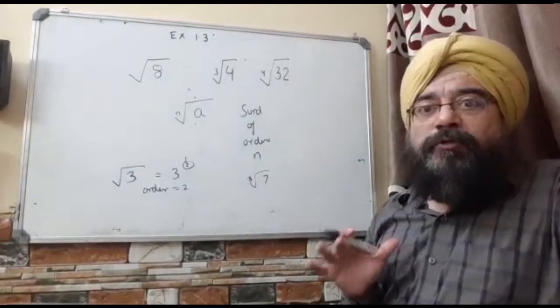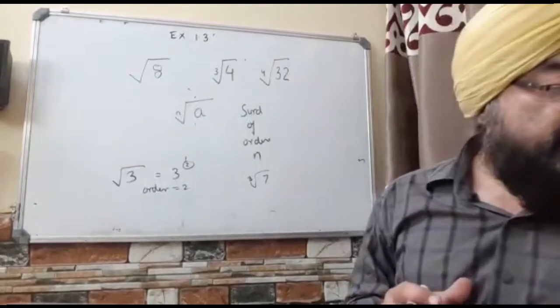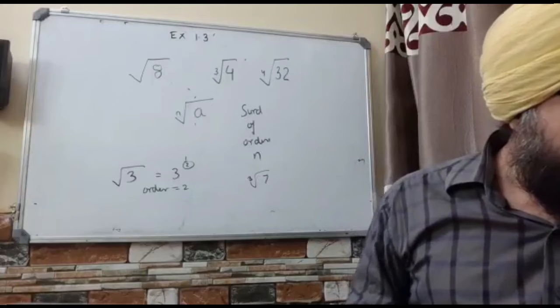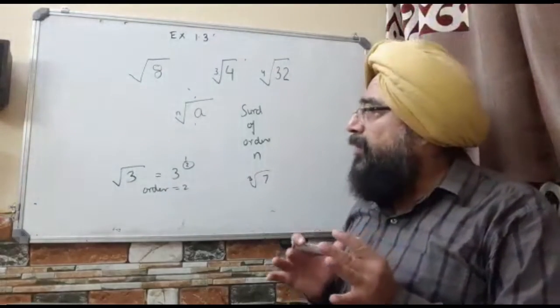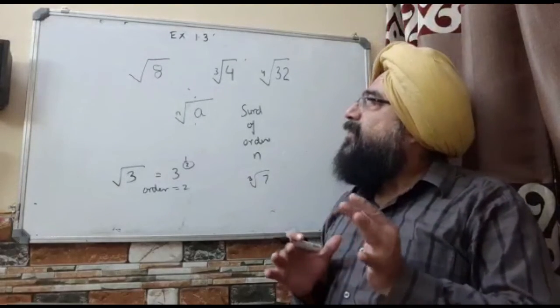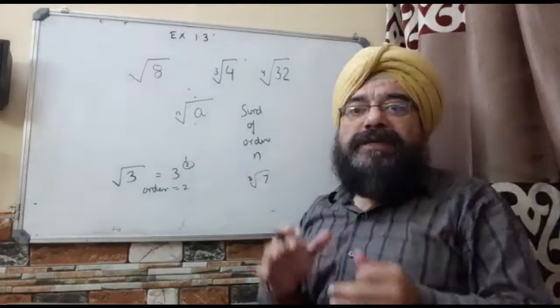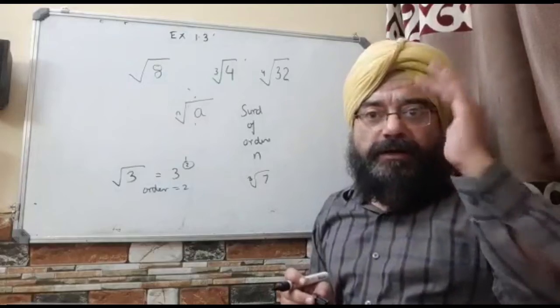So you knew about the order the other day. And moreover, you went on to learn about some laws of surds, which I'll be repeating so that you are clear with it.